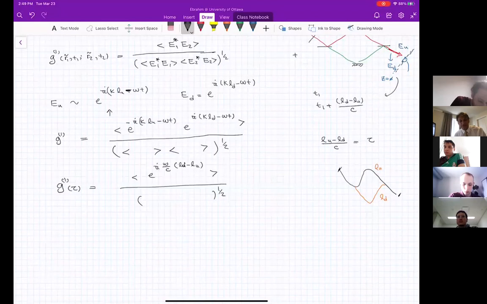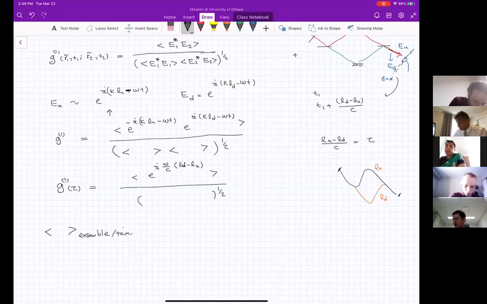It is easy. We can do that also later on. But for this specific case, the average is ensemble or time, okay? For our case it is over the time.